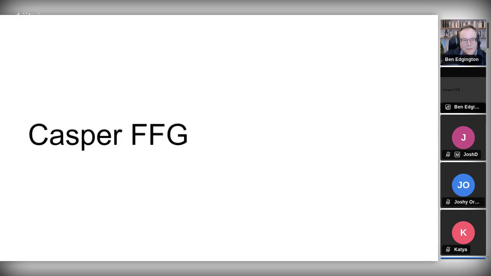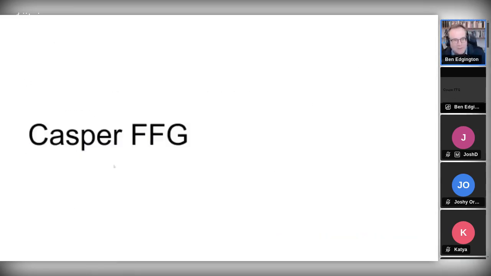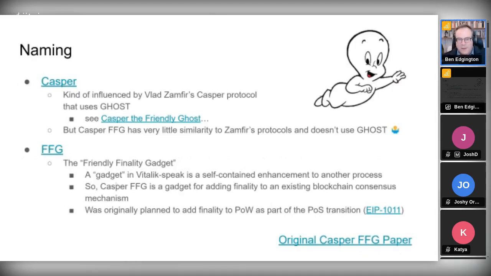Right, let's press on. Time is going more quickly than I expected, as usual. We'll look at Casper FFG. Okay, so LMD Ghost is a perfectly good consensus protocol, but we've decided we can do better. So we have this Casper FFG thing, and the naming again is instructive. The Casper is a bit obscure and random, to be honest.